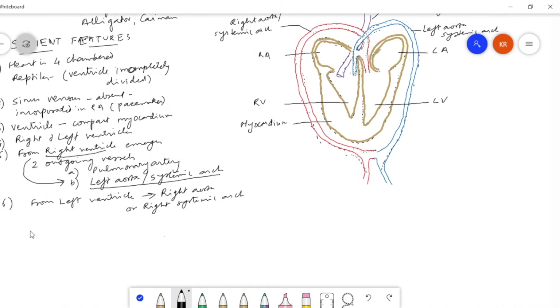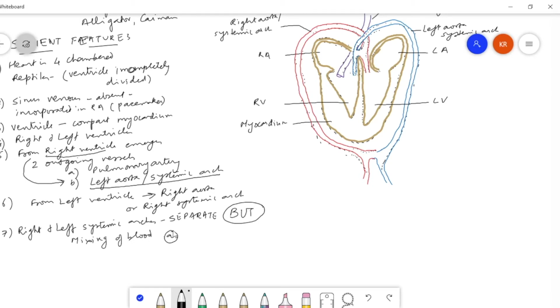But a very important feature over here: the right and left systemic arches are separated but there is possibility of mixing of blood because of two features. So take a look at the diagram.